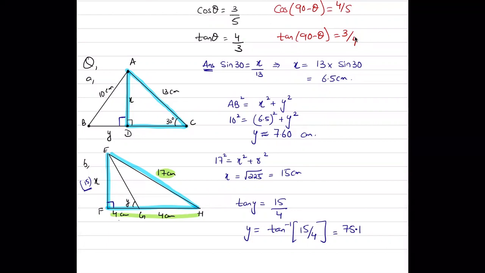In your O-level exam, you're going to give your answers in angles to 1 decimal place. The lengths are going to be in three significant figures, and the angles in degrees are going to be in 1 decimal place. Okay, good.